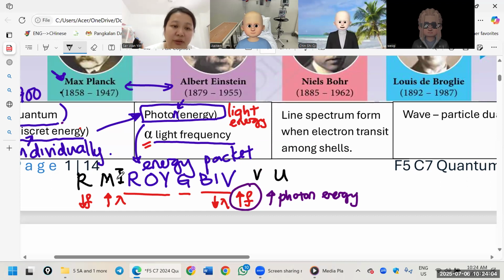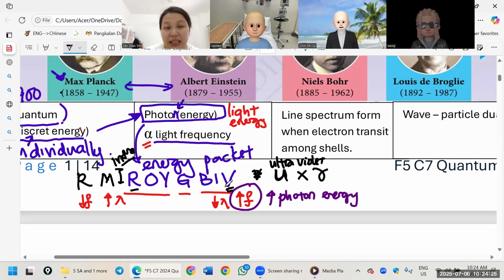Radio wave, microwave, infrared, V means visible light, U means ultraviolet. Ultra means more than violet. Infra means less than red. Infrared. So ultraviolet will have a frequency higher than visible light. And of course, we cannot see ultraviolet.